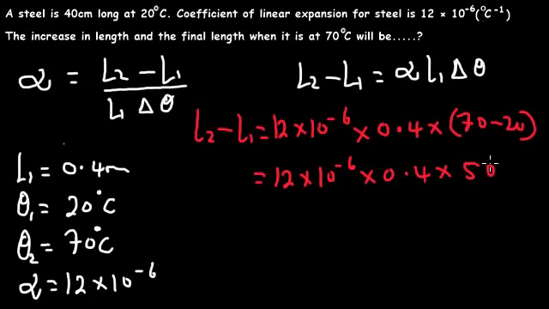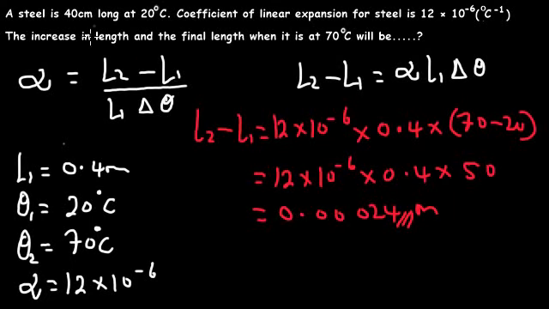So 12 times 10 to the power of -6 multiplied by 0.4, then multiplied by 50. Perfect. So the final answer is simply 0.00024. So that is our change in L. Since the lengths are measured in meter, that's meter.